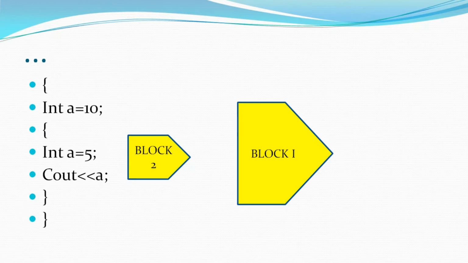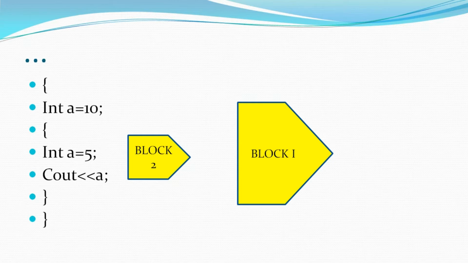Now we again started a new scope where we define the value integer a equals 5. Now here comes the beautiful thing. We use the function cout to print a, using the put-to operator. We are using cout to print the value of a here. Then we close the scope, and then we close the global scope.